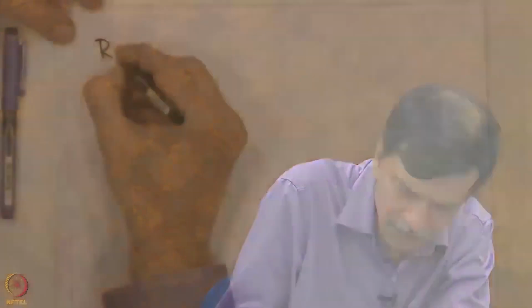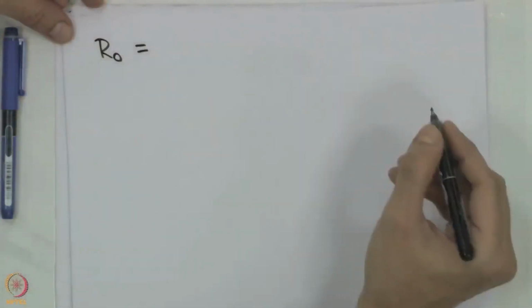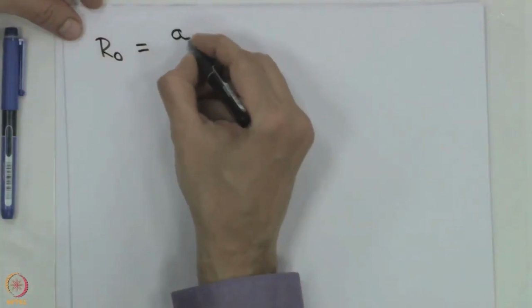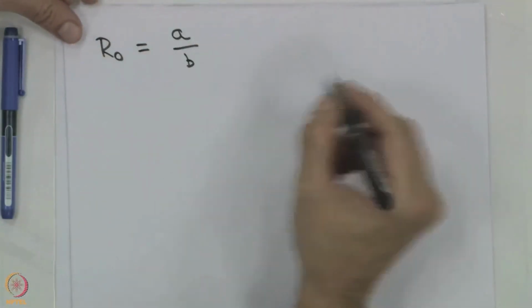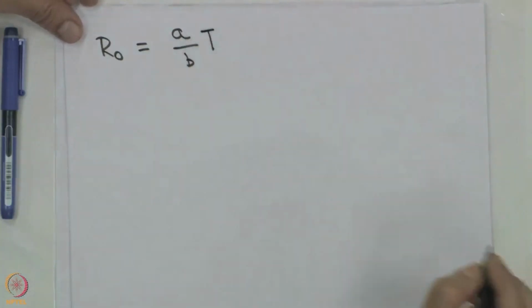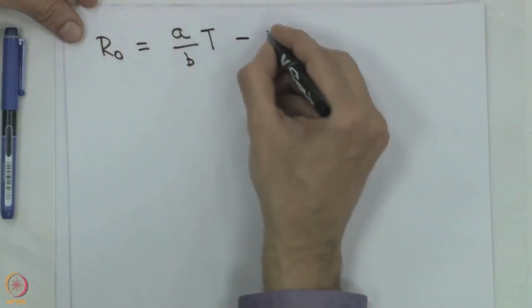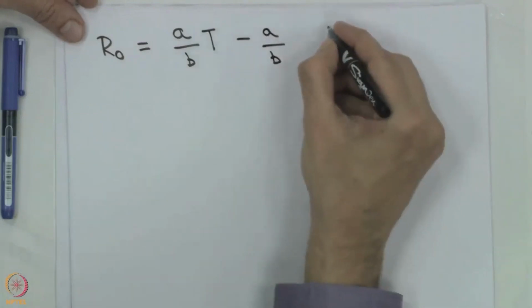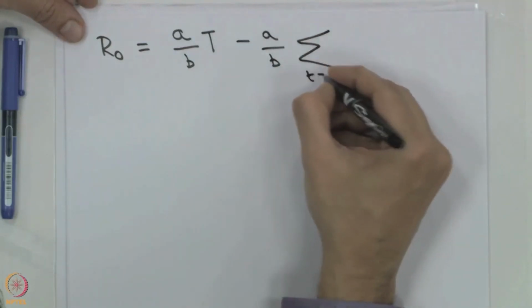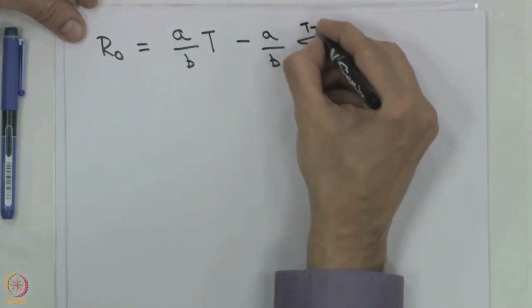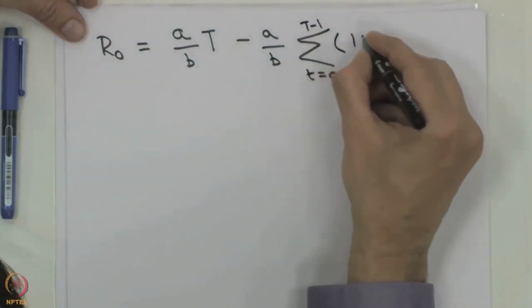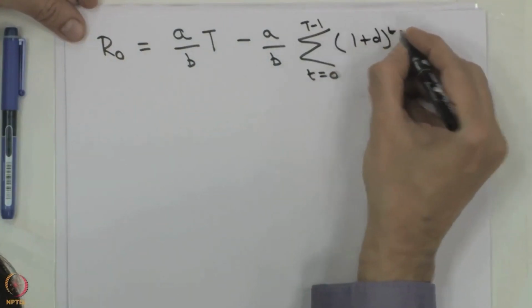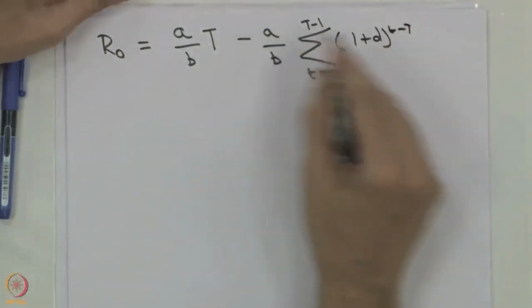When we open out the bracket, you will get A by B into sigma t equal to 0 to T minus 1. There are T terms, so this will be A by B into T, minus A by B into sigma t equal to 0 to T minus 1 of 1 plus d raised to t minus T. Now, this is a geometric progression.